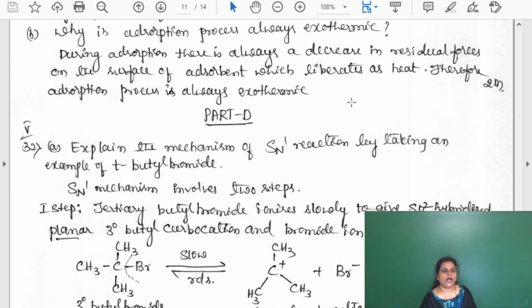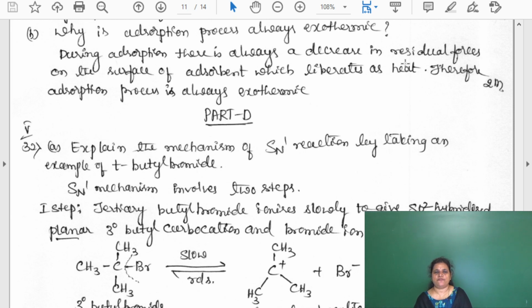Move on to why is adsorption process always exothermic? As we know that delta H is negative for adsorption process. What is the reason they are asking? So during adsorption, what happens? There is always a decrease in the residual forces on the surface of the adsorbent.